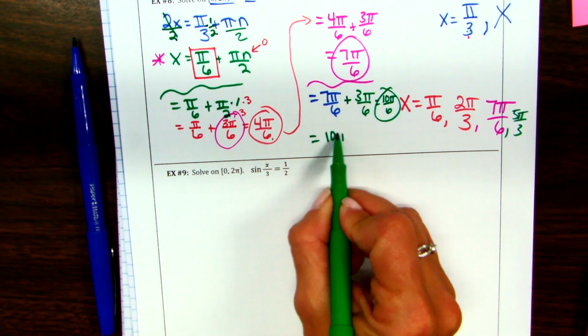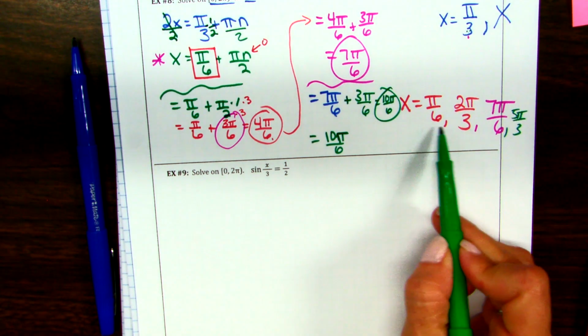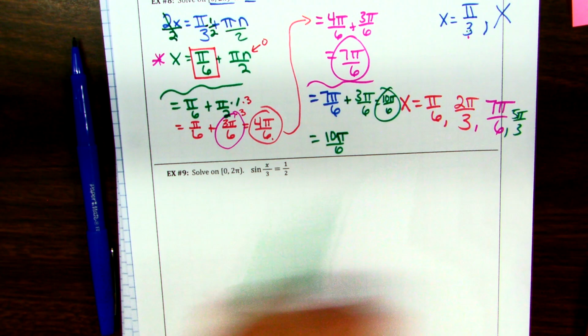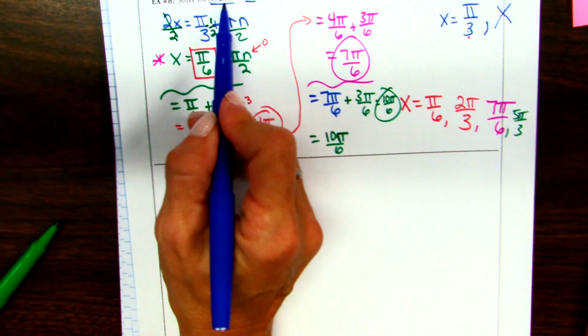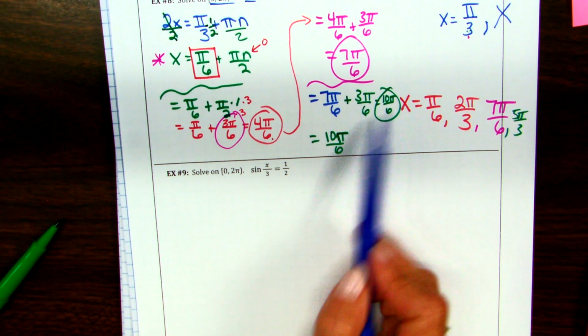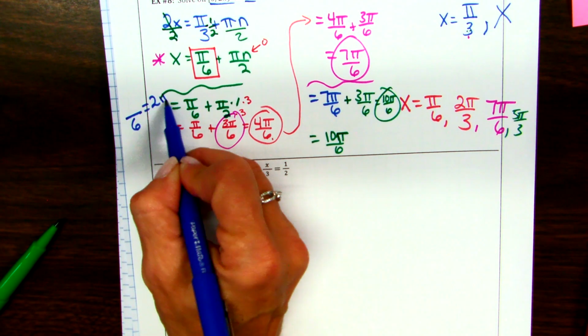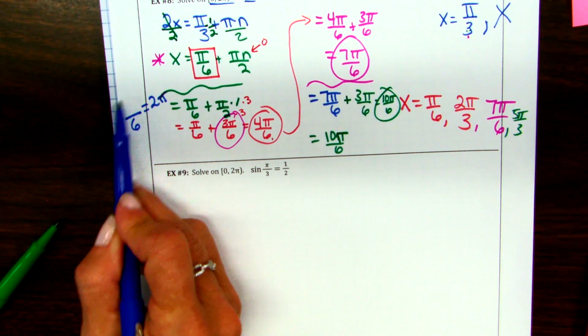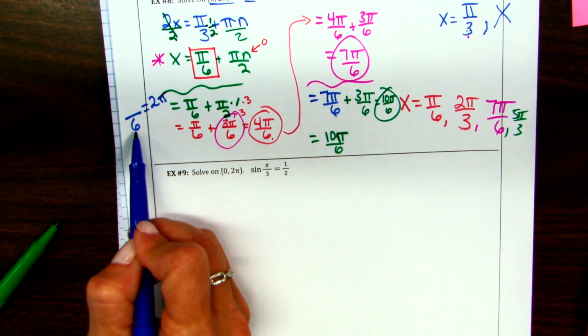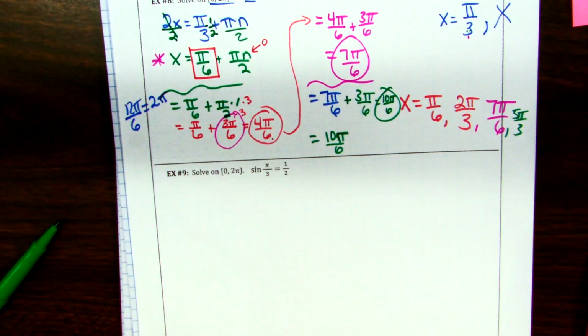Now I'm at 10 pi over 6. How do you know when to stop? Well, you might notice what quadrants we're in here, but we don't want to go over 2 pi. All of our fractions that we're working with before we simplify them have a denominator of 6. What numerator would I put here that with a denominator of 6 equals 2 pi? 12 pi, right? 12 pi over 6 is 2 pi.